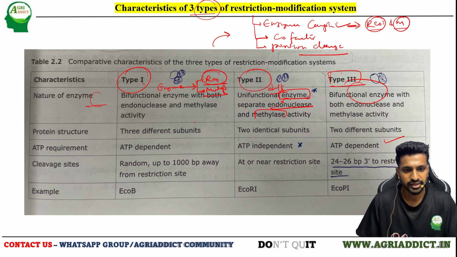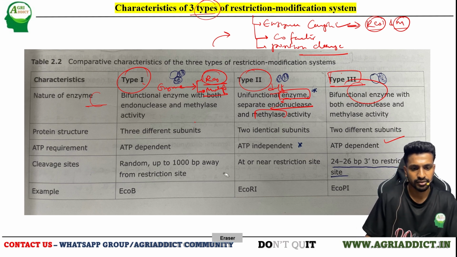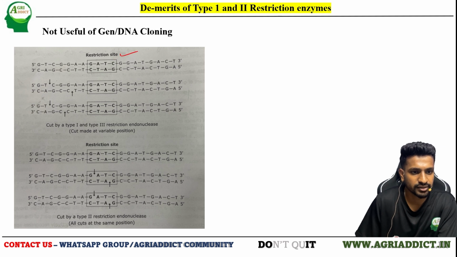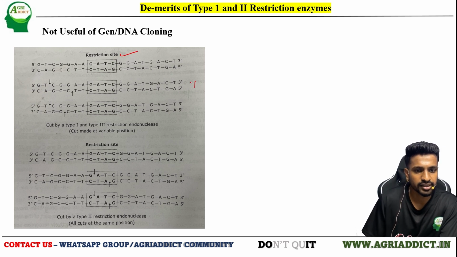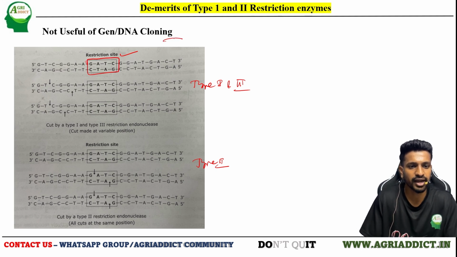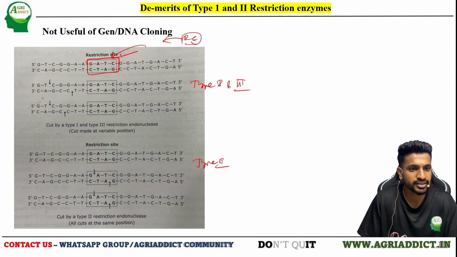Next, the cleavage site. If you look at the cleavage site, the cleavage sites of type 1 and type 3 are a bit similar, and type 2 is unique. How? For example, this is a restriction site or the recognition site that the endonuclease can recognize. But even after recognizing this specific site, it won't provide the cuts within this sequence.